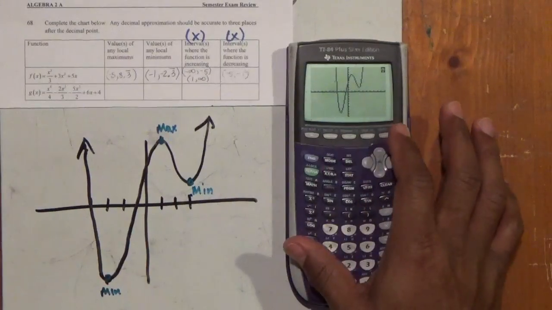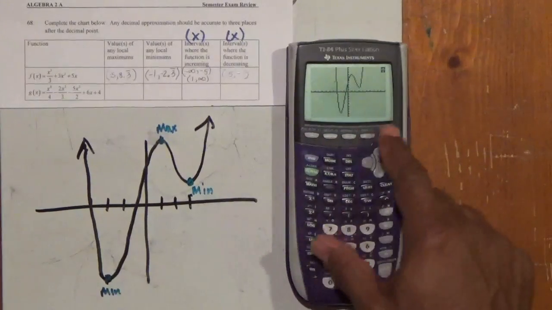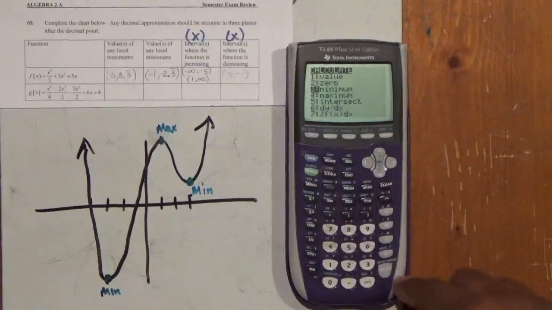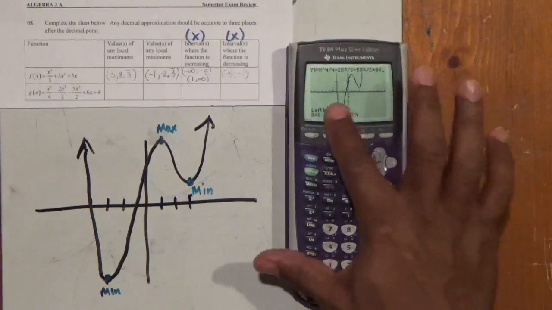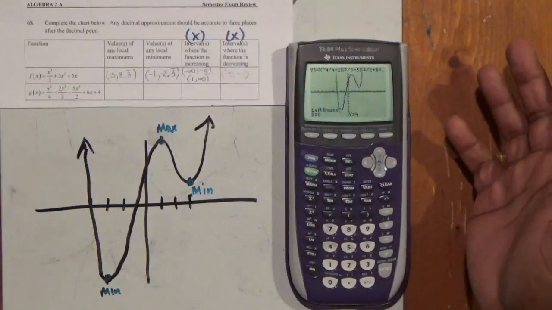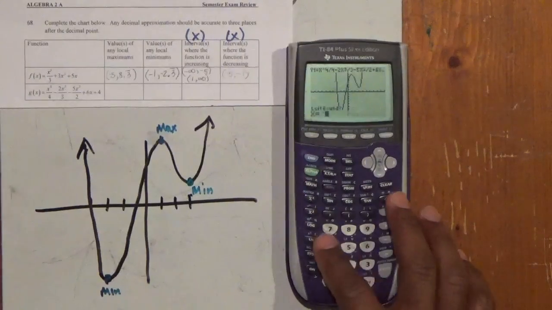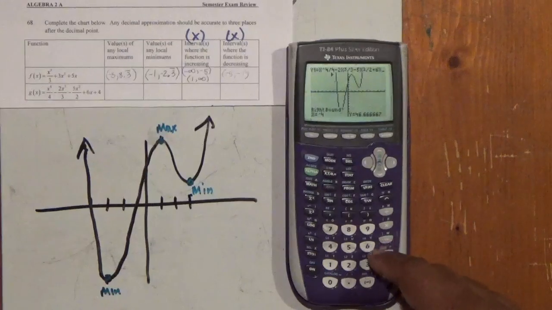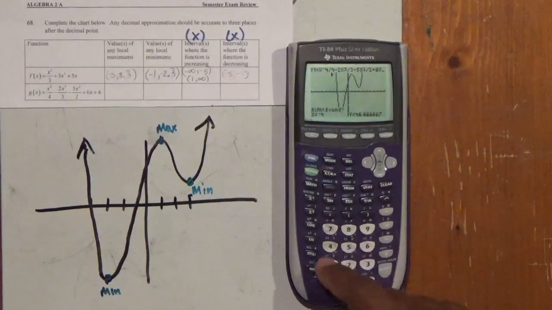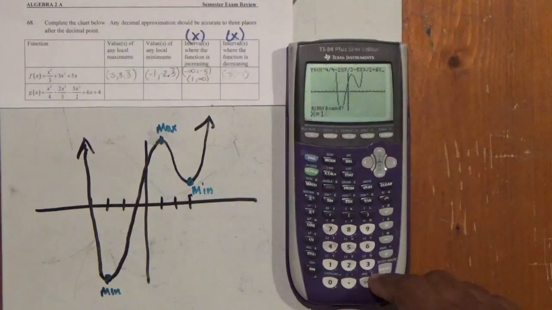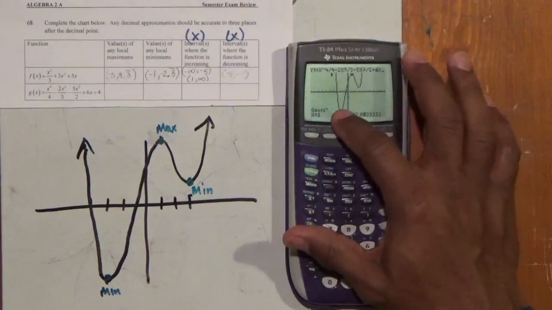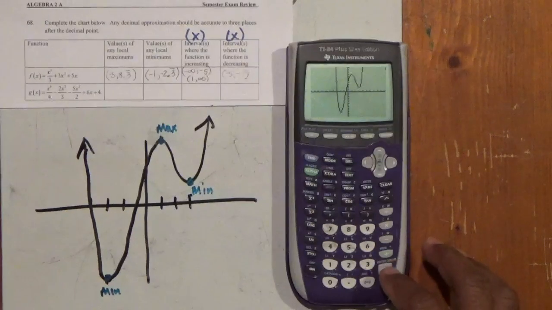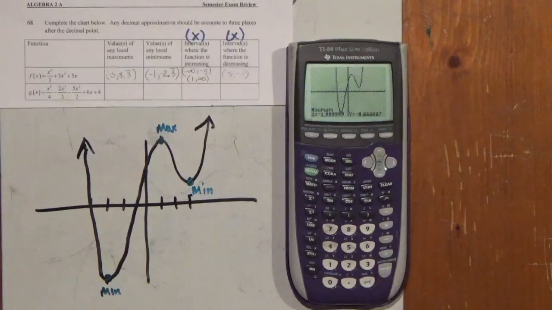We're going to start with this min, second calc, minimum. It looks like it's about -2. So let's put in -4, enter, to, I don't know, 1. Doesn't really matter. The minimum falls between those two points, so enter.